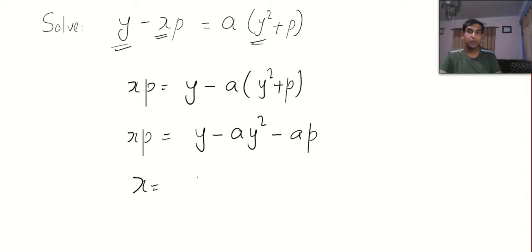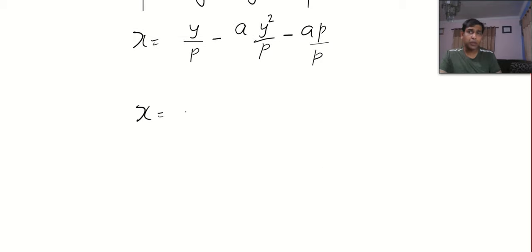So x equal to, I'll divide throughout by p. So we get y by p minus a y square by p minus a p by p. Because I told you solving for x means you're going to write x completely in terms of p and y. Minus a y squared by p minus a.